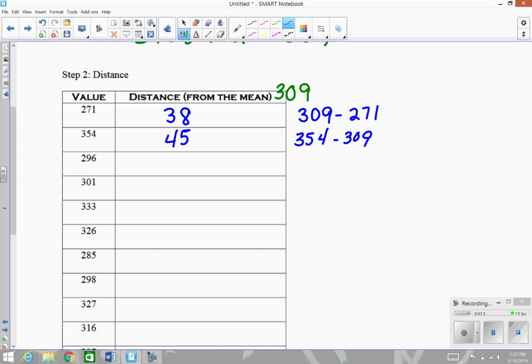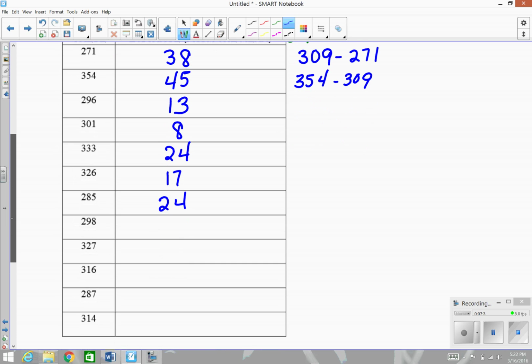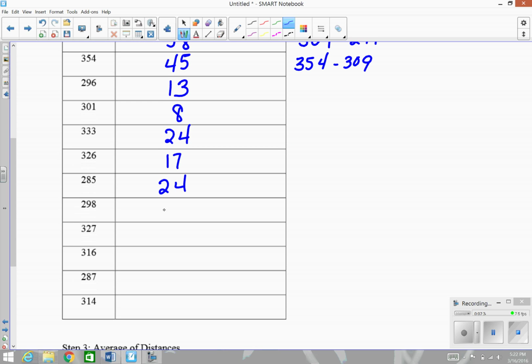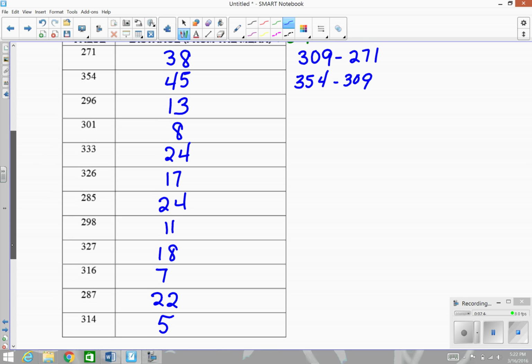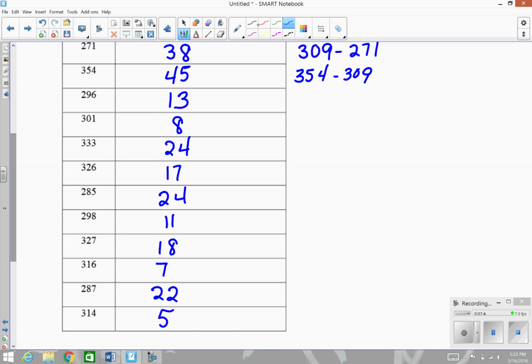Okay, we get 45, 13, 8, 24, 17, 24, 11, 18, 7, 22, and 5. So those are just finding distances. And then we want to average the distances.